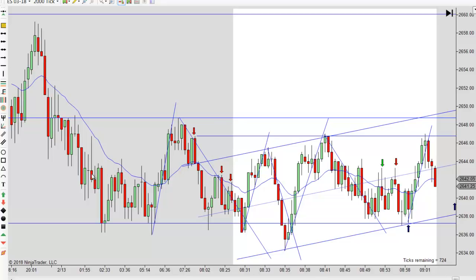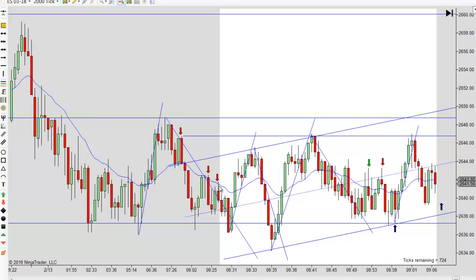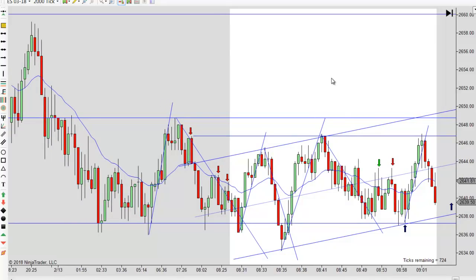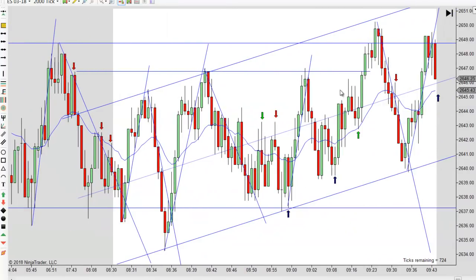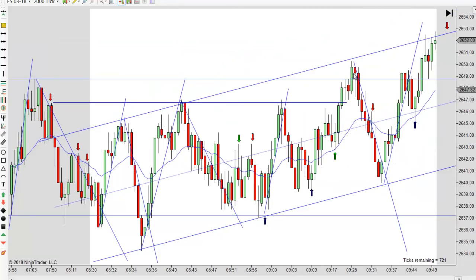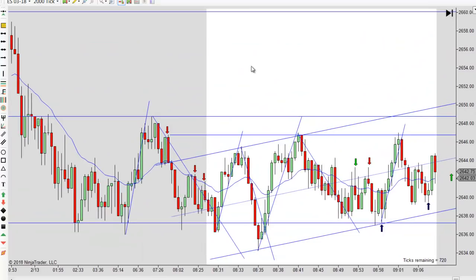This was a downtrend until we went sideways here, and then we're just kind of looking at buying the lows and selling the highs. And that lasted really till about, we finally broke higher here about 9:30 and made a higher low and went higher. So just keep that in mind.